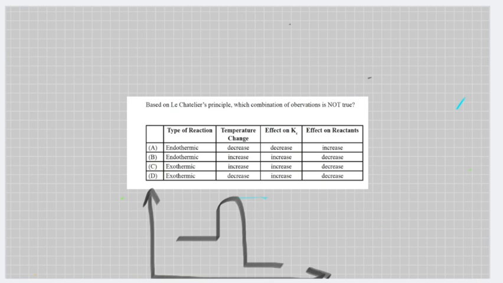Now, students would know that this profile represents an exothermic reaction. C and D above speak about exothermic reactions. Students would also know that reactants are on this side, products are on this side, and in this exothermic reaction profile, the energy associated with products is a little bit less than the energy associated with reactants.